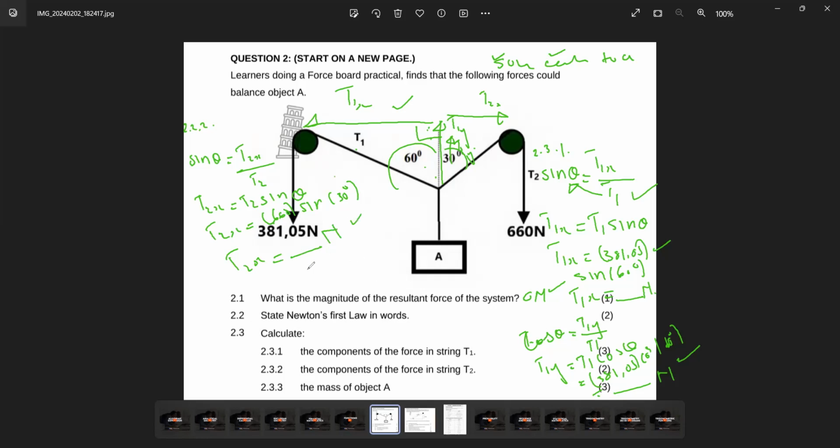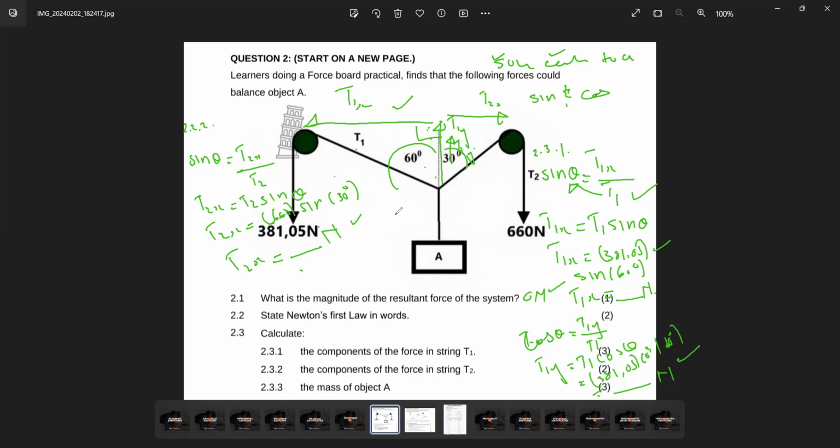Then we come again and say cos. Remember, the components always go hand in hand with sine and cos. Sometimes sine goes hand in hand with the y component, sometimes cos goes hand in hand with the x component. It depends on the situation and how the triangle is standing. If you check here, the triangles are standing differently, that's why the components are switched.